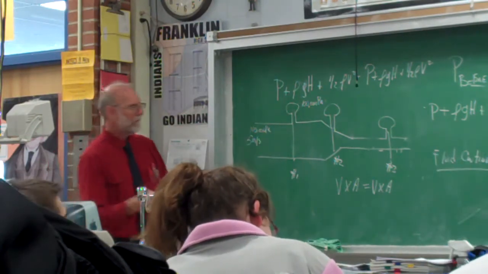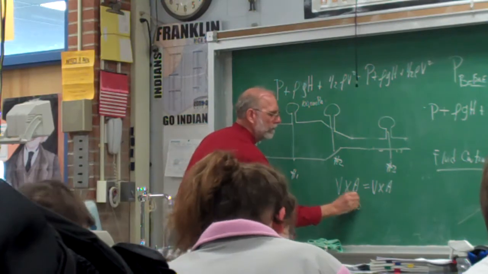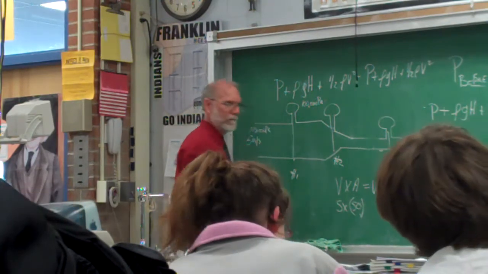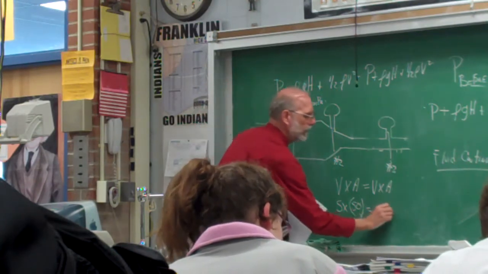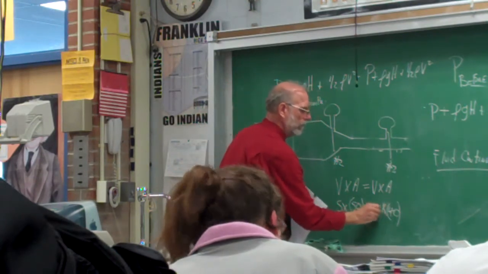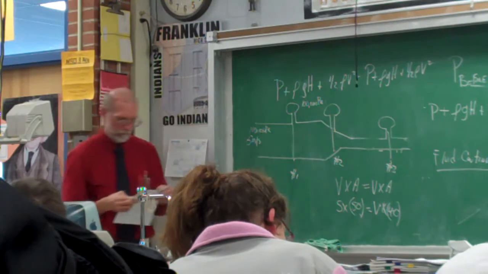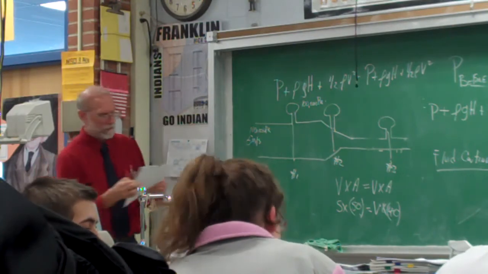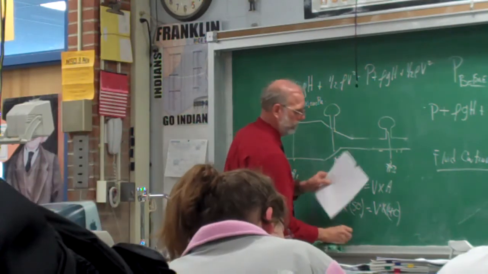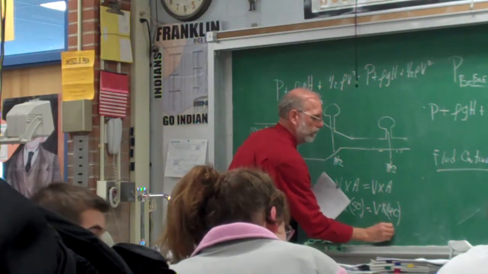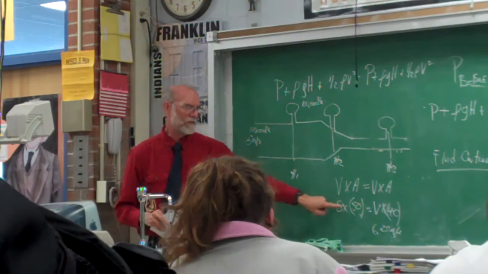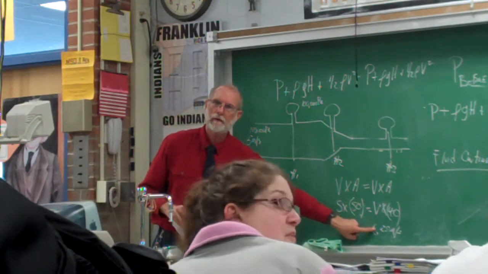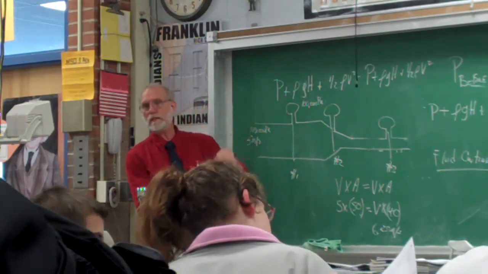Well, area 1 is 50 square centimeters. Its velocity is 5. Area 2 is 40 square centimeters. Solve for its velocity. Velocity comes up as 6.25 meters per second. Note that it speeds up. It goes from 5 meters per second to 6.25 meters per second, so that the volume stays the same because my cross-sectional area gets smaller.